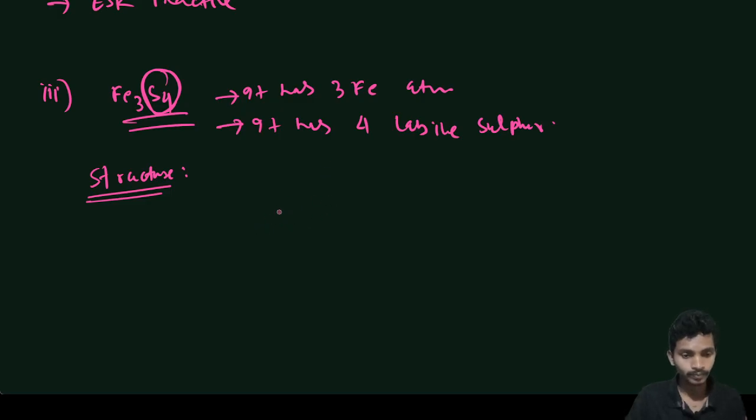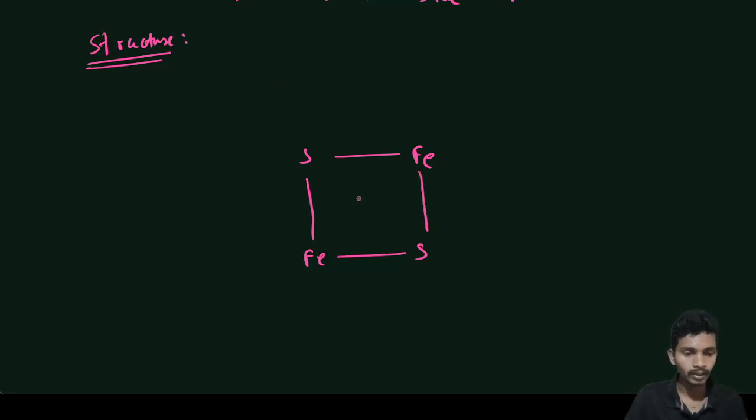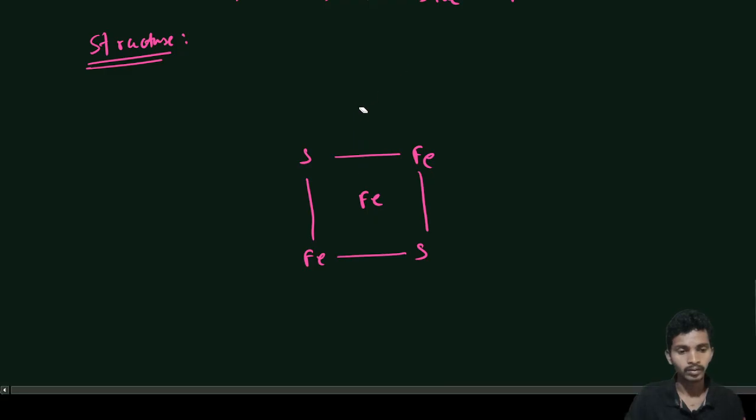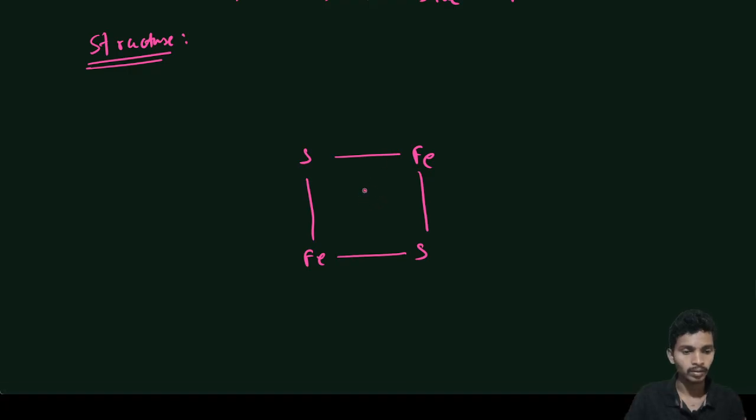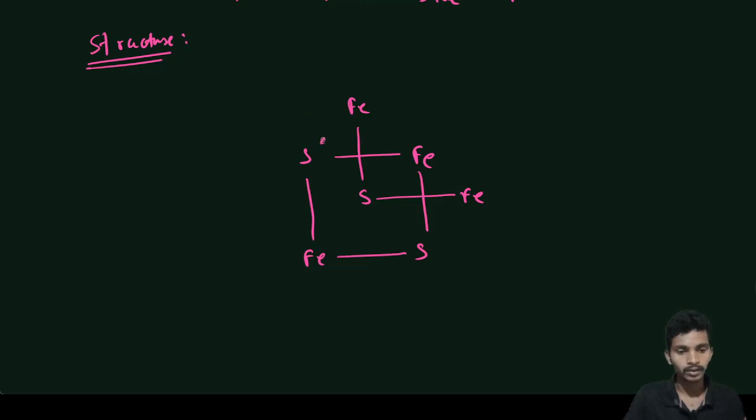Let's say here S, Fe, S. Okay, and now here I will do Fe, here S, or here I will write Fe, here is Fe. Okay, so this bond.